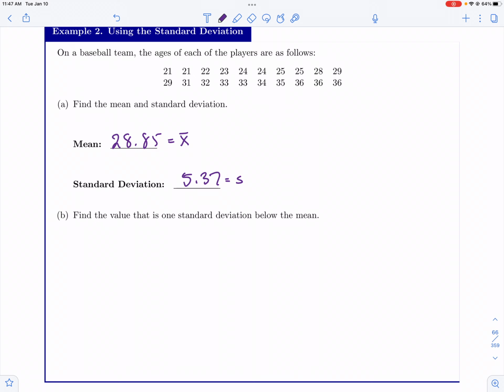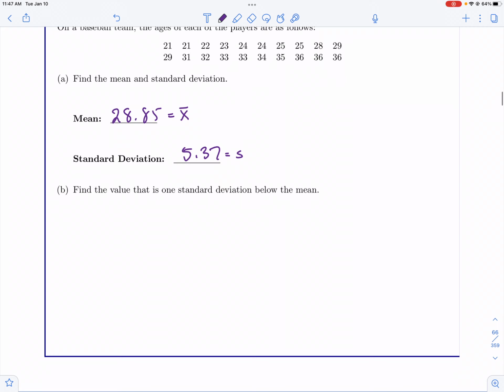This is something that you'll also do in the homework as well. So when we're laying this out, I like to think of it as a number line. At the center of our number line, of course, is going to be our mean, right in the middle at 28.85.